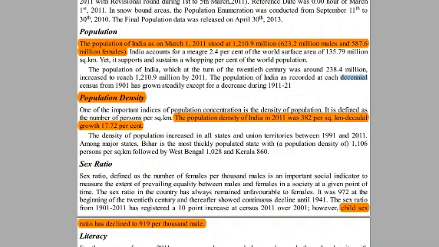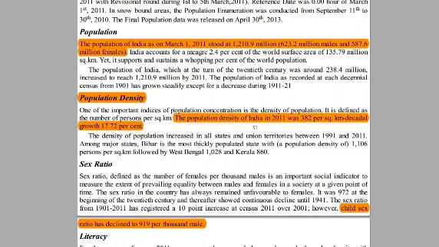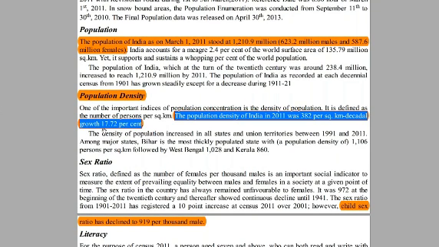Apart from this, the other information provided is with respect to population density. The population density for the census 2011 was 382 per square kilometer, and there was a decadal growth rate, that is from one decade to the next, of around 17.72%.